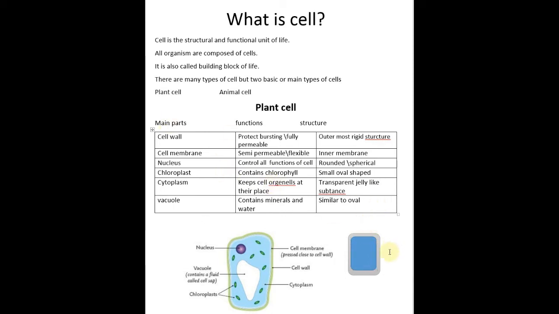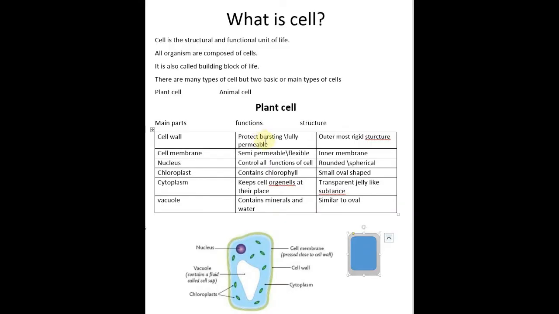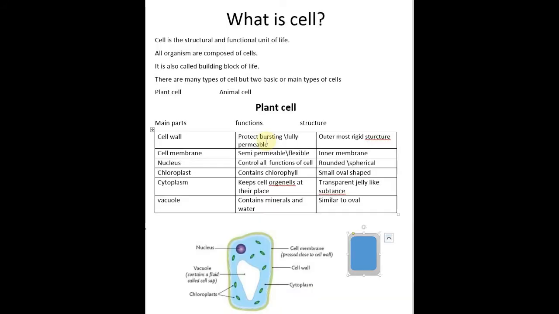One is cell wall, which is the outermost boundary, and what is the function of it? It protects the cell from bursting. What are the cases with cell burst? We will discuss this later, but keep in mind that it protects bursting. It is fully permeable.